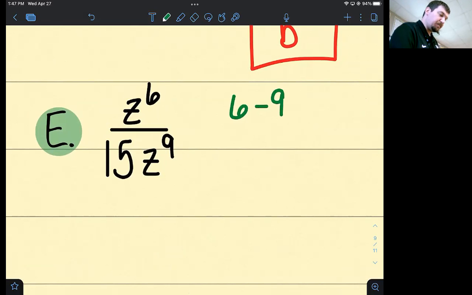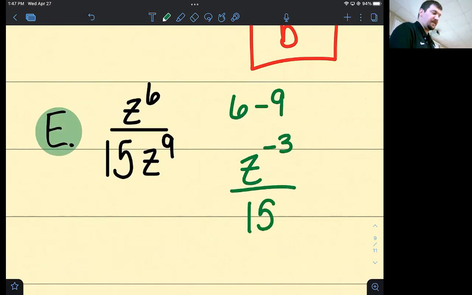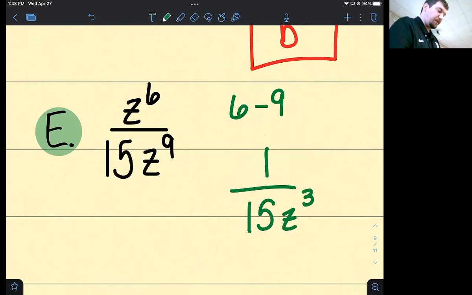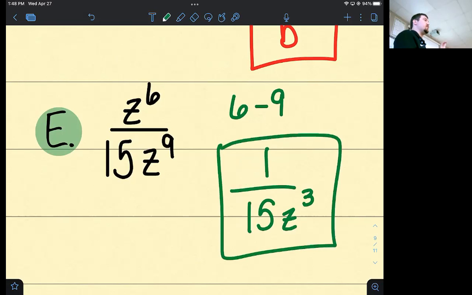So this is z to the negative 3rd over 15, because the 15 is on the bottom. But because it's a negative exponent, those are going to have to reciprocate down to the bottom, making this 1 over, as Xander said, there's going to be something there on top, right? That 1's there this time, z to the 3rd power. And that's our final answer. So algebraically, you know that z is to the negative 3rd, so those z's all go to the bottom.